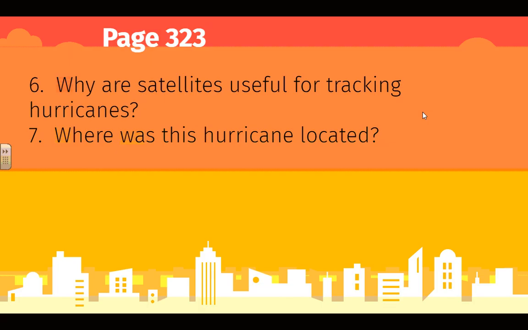Page 323. Why are satellites useful for tracking hurricanes? Where was this hurricane located? Radar stands for radio detection and ranging. Radar uses reflected radio waves to measure the speed and location of objects.